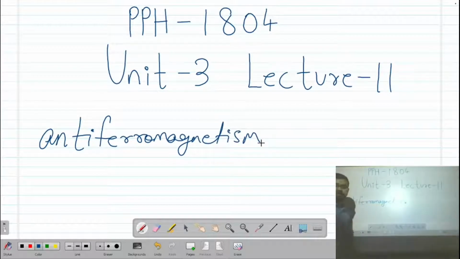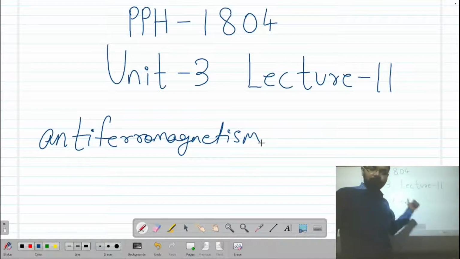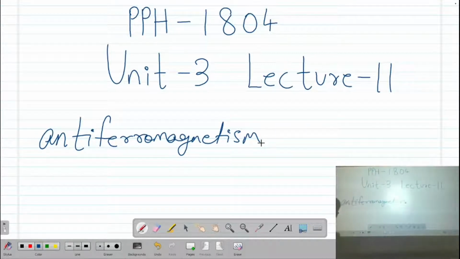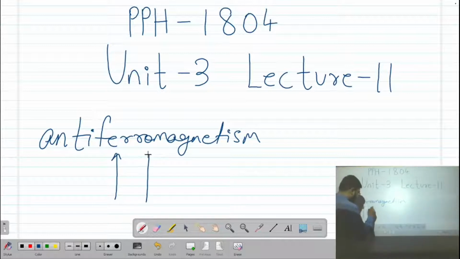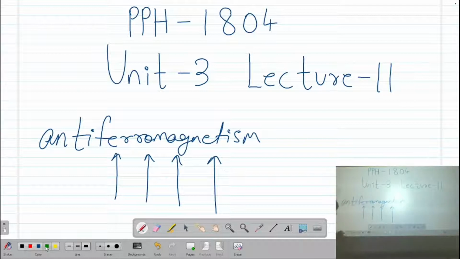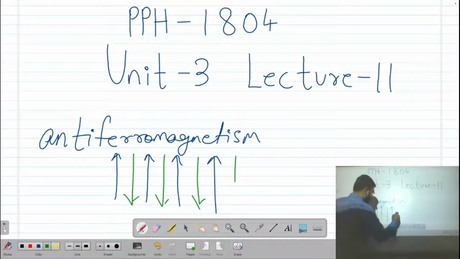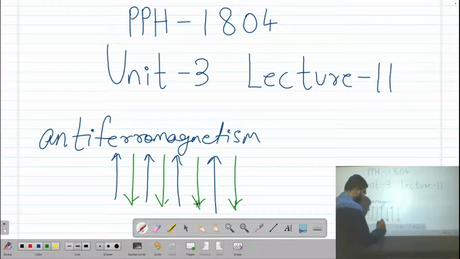We have studied antiferromagnetism, where in this kind of material we will have an equal number of magnetic dipoles, but the same number of magnetic dipoles will be in the opposite direction, right?